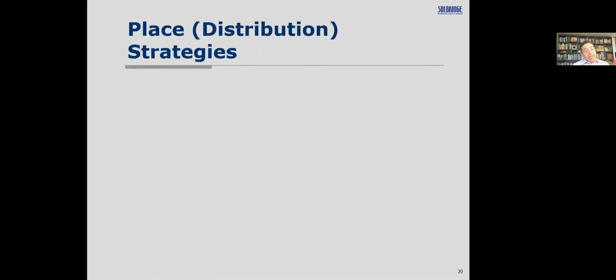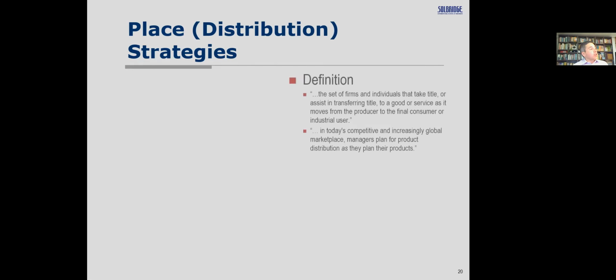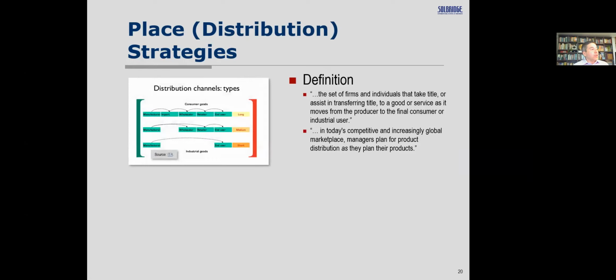So the second P in marketing is the placement or distribution strategies. So what is distribution? It's the set of firms and individuals that take title, or assist in transferring title, to a good or service as it moves from the company to the customer. So in an increasingly global marketplace, planning how you distribute the product is increasingly important. So these are different types of distribution channel types.